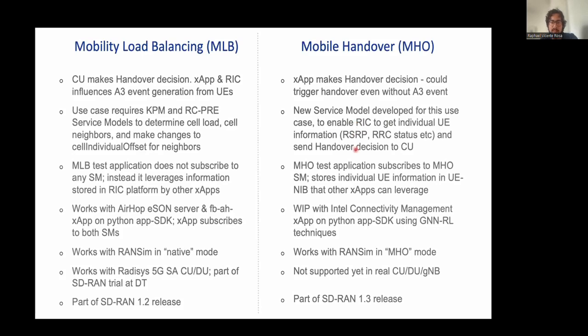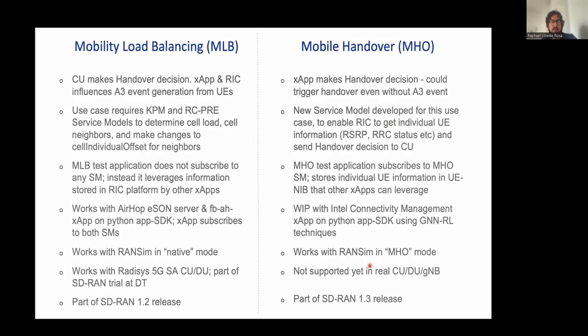And it does that not only using RSRP and information about the cells and the neighbor cells, but also other components that were part of this service model, such as the RRC status of the UE. And this was integrated with a RAN simulator, not supported in CU-DU components, and was part of this SD-RAN release 1.3.